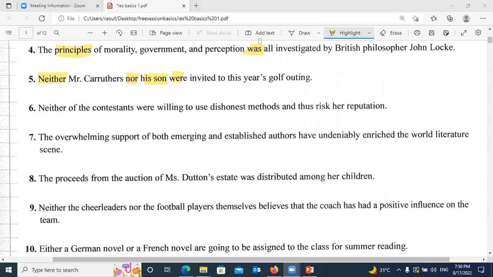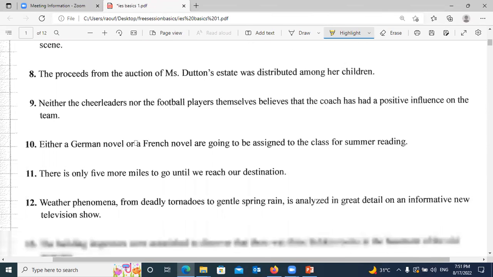Okay, let me check. 6 was. Okay, mashallah, you seem to be very smart, everybody here. I'm glad to have you in my class. That's pretty good. So neither of the consistence was, not were, because I have the word neither alone without its sister nor. Very, very good.